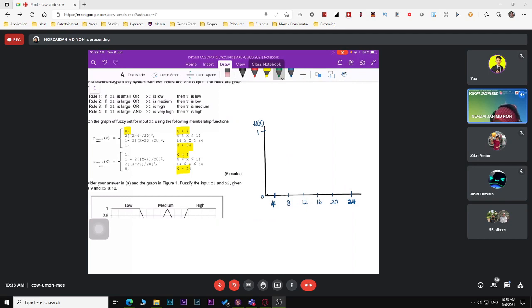Less than 4 is 0 here. For more than 24, the value is 1. So this is an S-shape function. Between 24 and 4, what is the middle? 14. Okay, 14 here is 0.5.